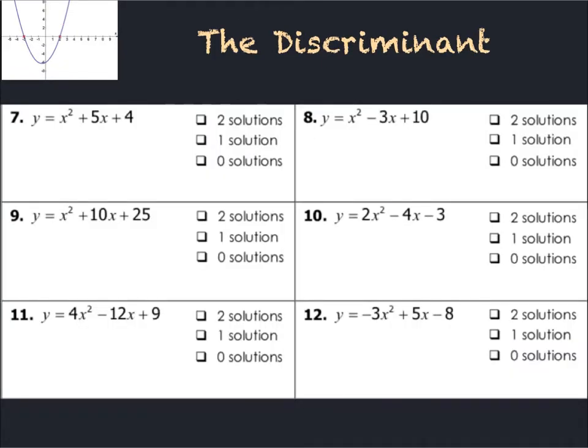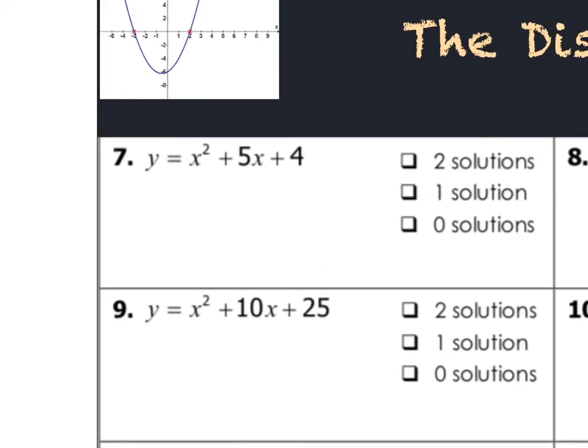All right, so let's identify the amount of solutions without graphing, without creating a table, by finding the discriminant. Remember the formula for the discriminant is D equals b squared minus 4ac. So in this case, A is going to be 1, B is going to be 5, and C is going to be 4. So you just plug it in.